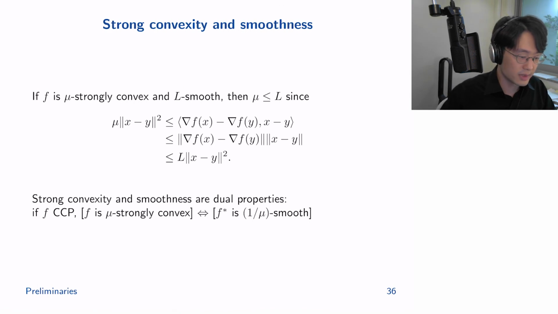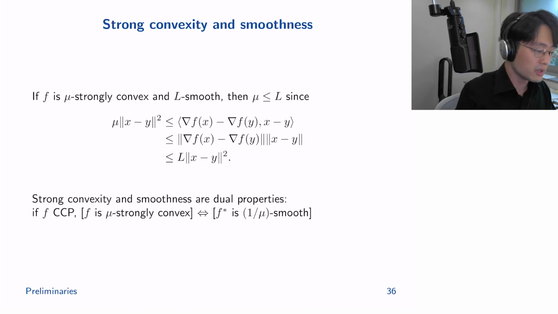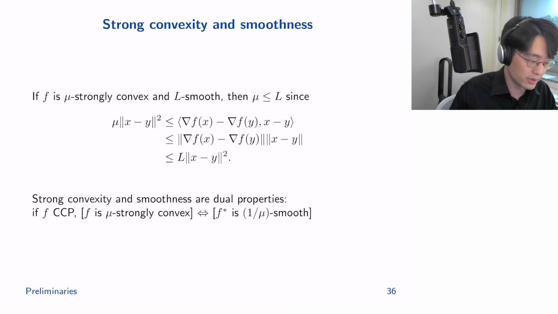Okay, now let's discuss some relationships of strong convexity and smoothness, because indeed they are very much related. If a function f is mu strongly convex and L smooth at the same time, and yes, that's possible, then mu is necessarily less than or equal to L, because that's pretty easy to show. The inner product between the difference of the gradients and the difference of the inputs is lower bounded by mu times the norm of x minus y squared by the definition of mu strong convexity, in particular the second definition.